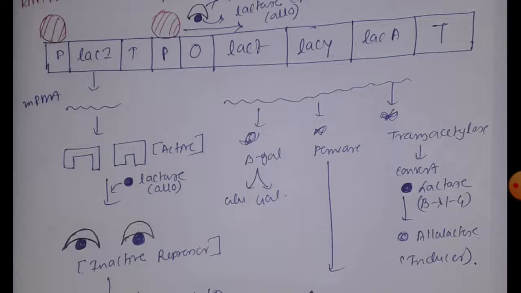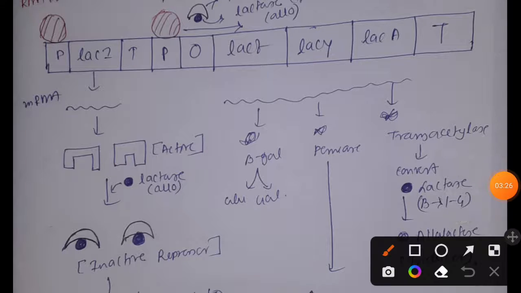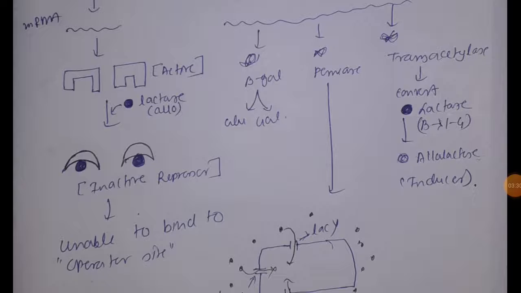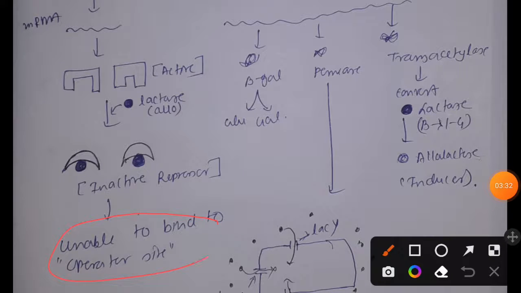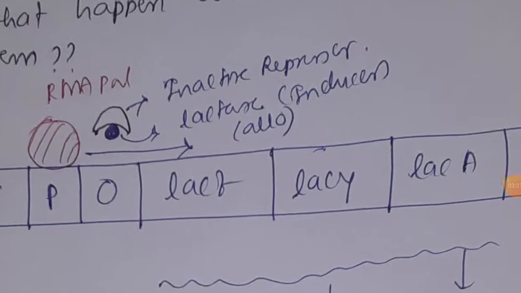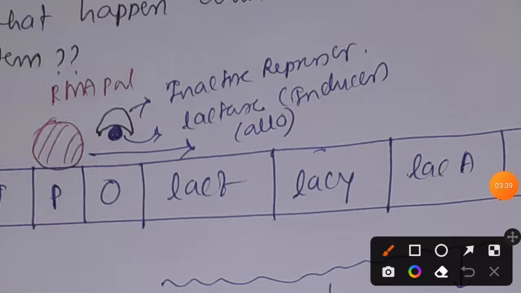Okay, so what is the utility of that? As a result the repressor becomes inactive and is no longer able to bind with the operator site. But there is a question, what about the repressors that are already in interaction with the operator?